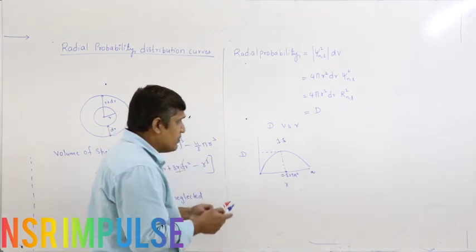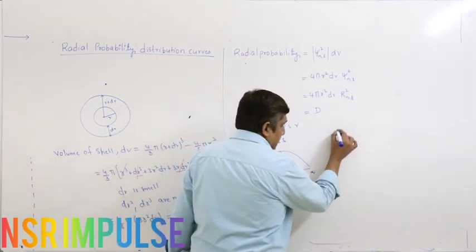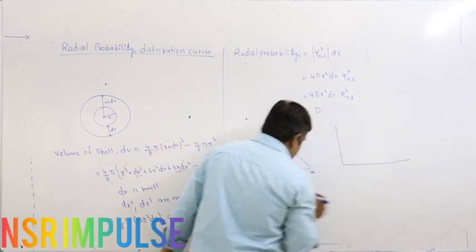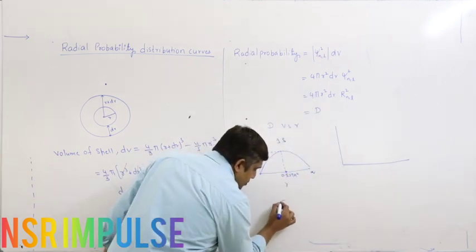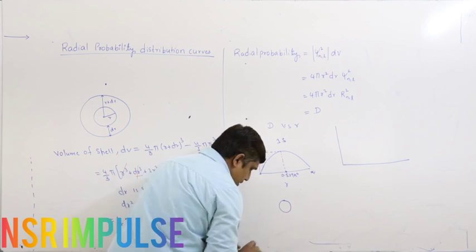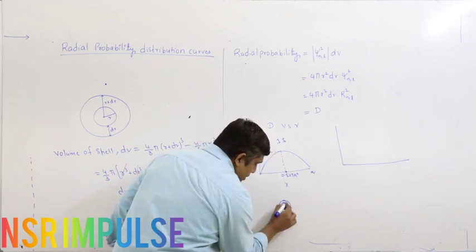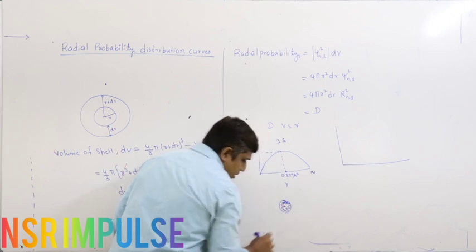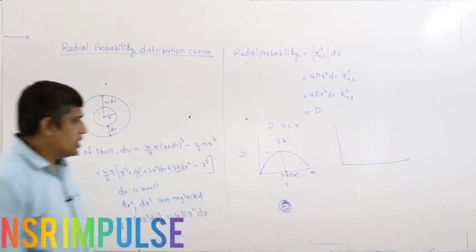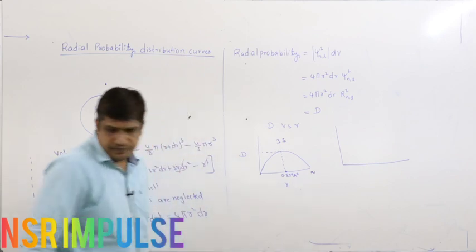If I draw it for the 2s orbital, we can assume the sphere like this, and the nucleus is present here. There are no nodes, so the electron is distributed throughout the atom.